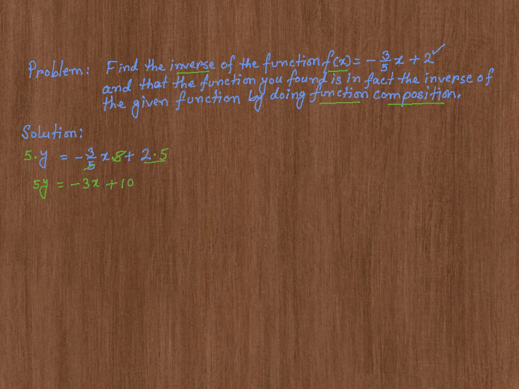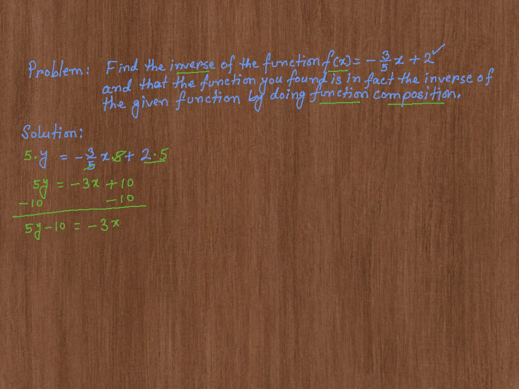Now I need to solve for x. To solve for x, I just subtract 10 from both sides. If I do that, I get 5y minus 10 is equal to negative 3x.